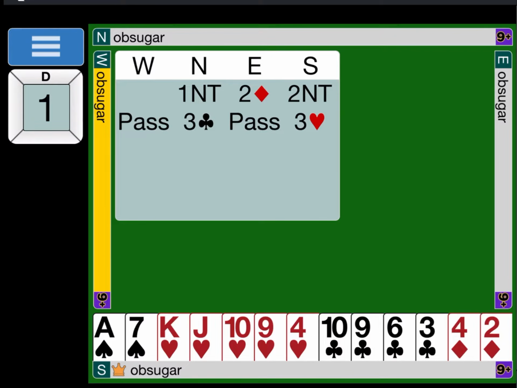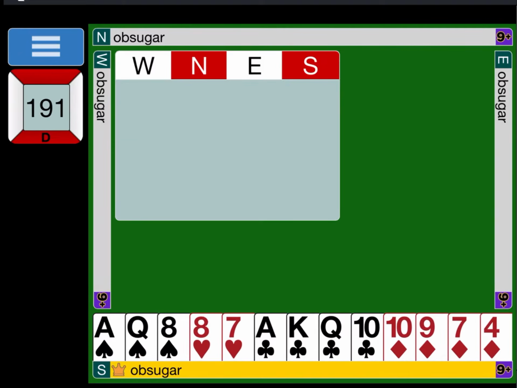Then we're out of luck, because we would have to use the 2 no trump relay, something like this. No, I don't have that hand here.